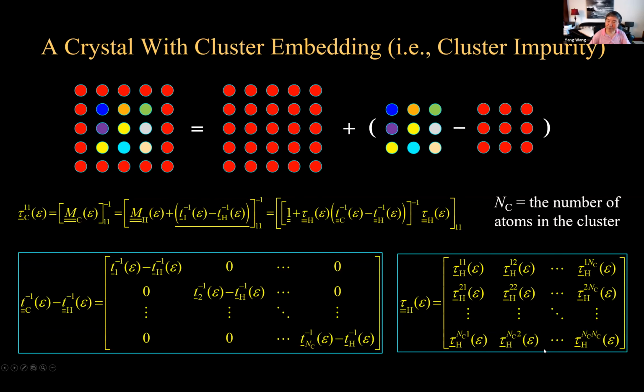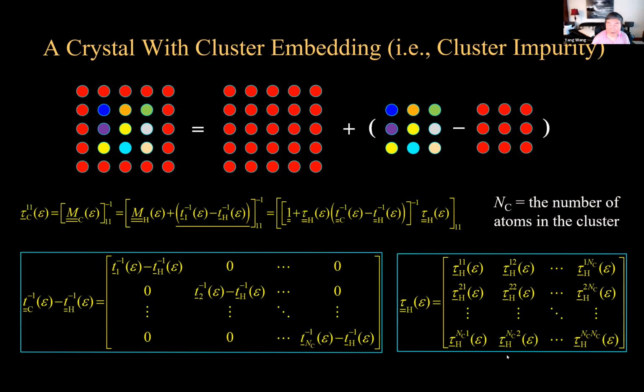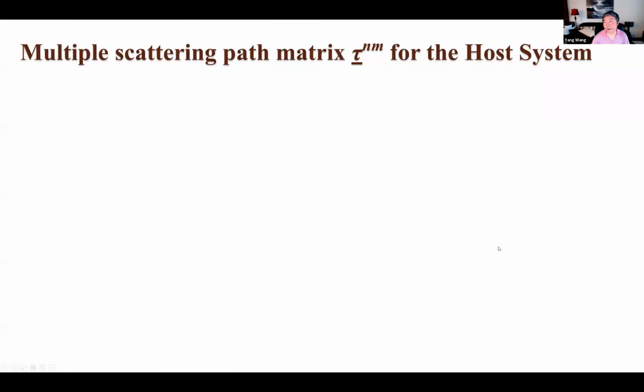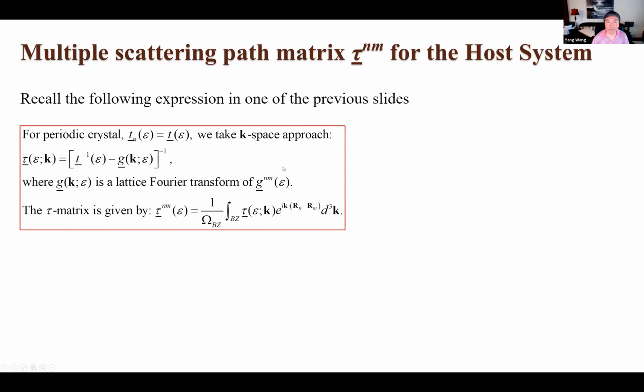But remember, this is for the entire periodic system, and you still have to calculate tau 1,1, tau 1,2, tau 2,2, all these quantities. So how do we calculate them? It turns out we recall the expression from the previous slides. If your periodic system has the same tau for every site, you calculate tau_nm using this formula. I've shown this in one of the previous slides.